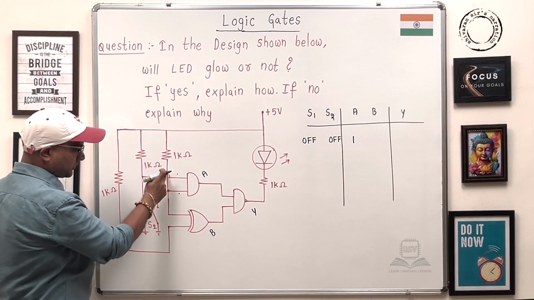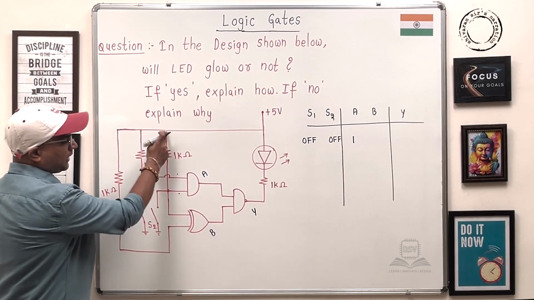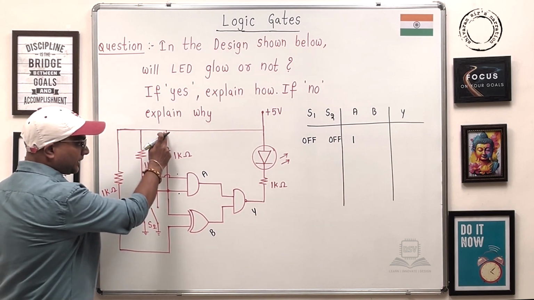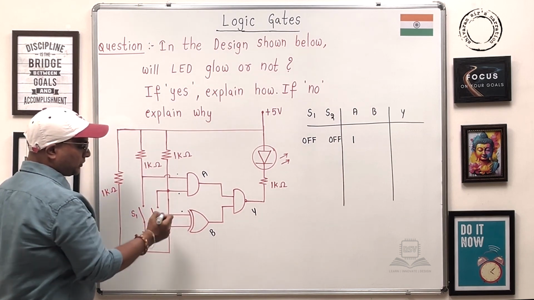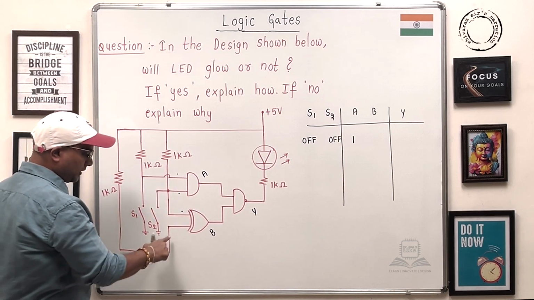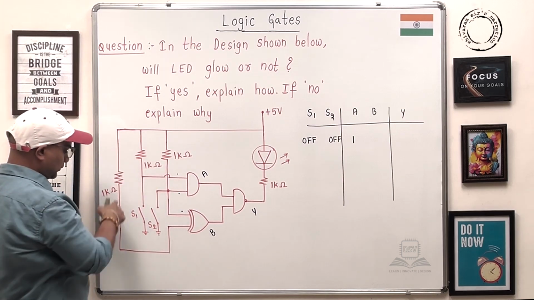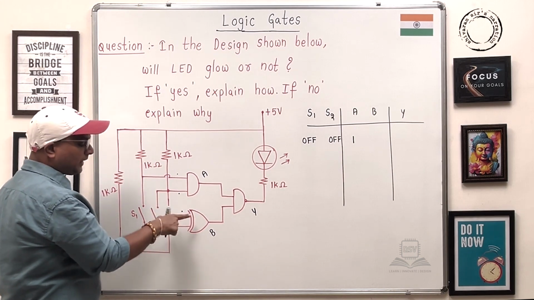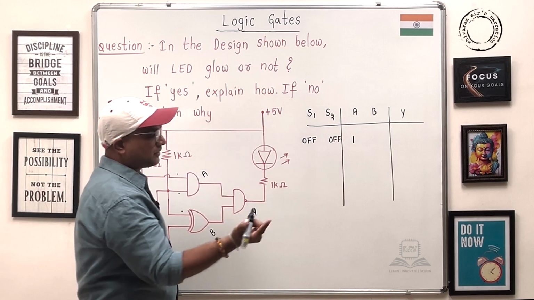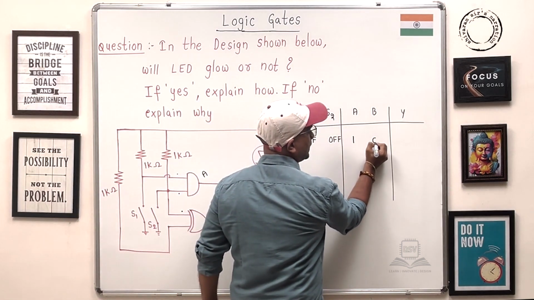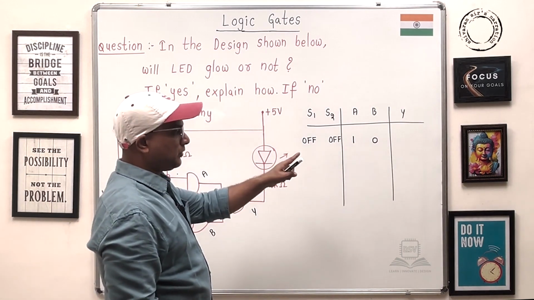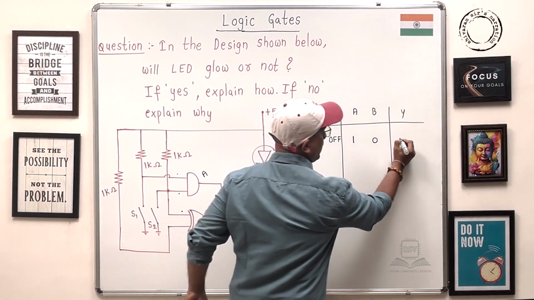This becomes logic 0 only because it's an open circuit now. And here this one becomes 5 volts, and this will be 5 volts through this. Hence it's 5, 5, like 1 XOR 1. It becomes logic 0. Hence this Y, NAND gate, 1 into 0 is 0, 0 bar is 1.